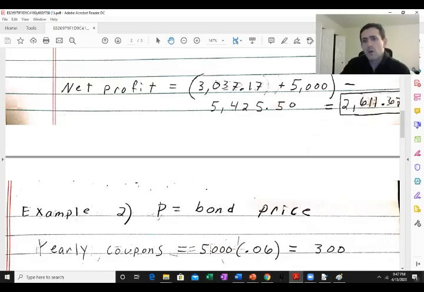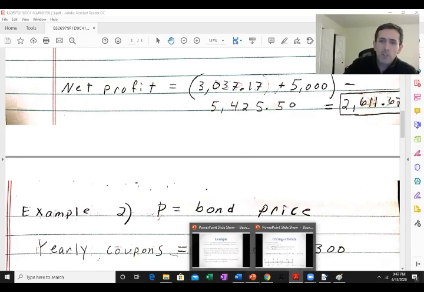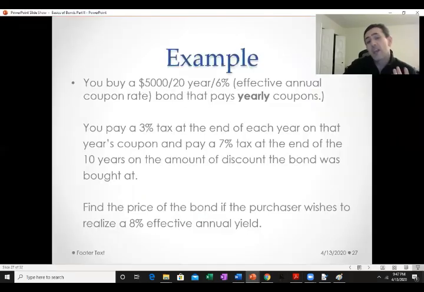First of all, what are the yearly coupons? It's 5,000, your face value, times 0.06, your effective annual coupon rate. As I mentioned, unless otherwise stated, coupons are every 6 months and the coupon rate is nominal semi-annual. Well, here I am telling you otherwise.